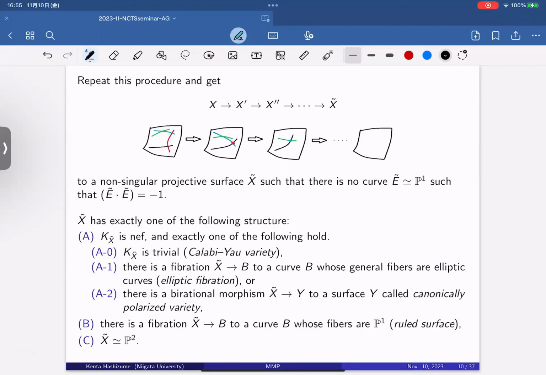Then by explicit study of the geometry of the minimal surfaces, we know that X tilde has exactly one of the following structures. The property A is the nefness of the canonical divisor. When the canonical divisor is nef, we can classify X tilde by the Kodaira dimension.